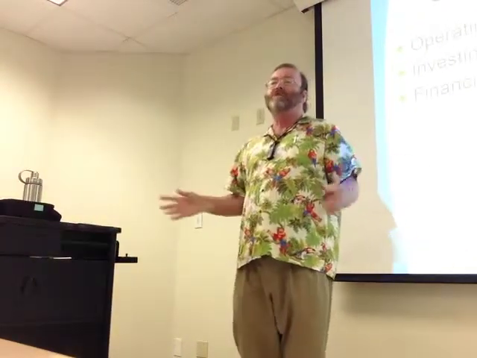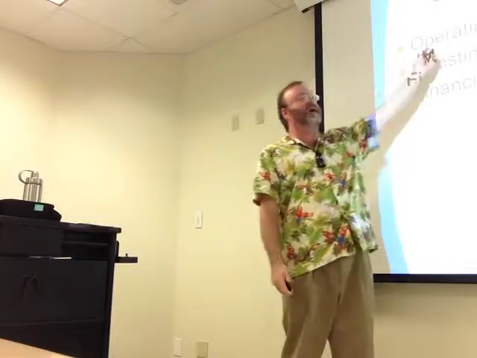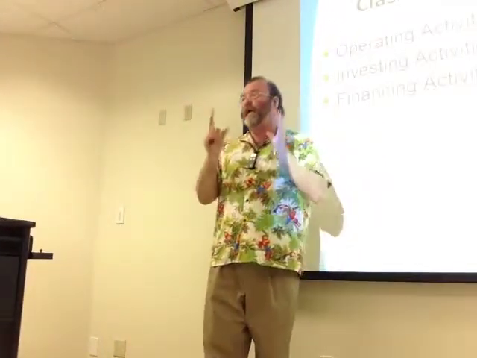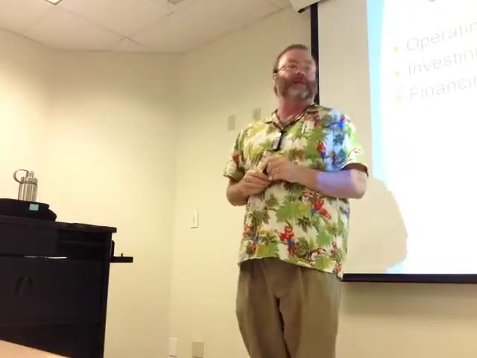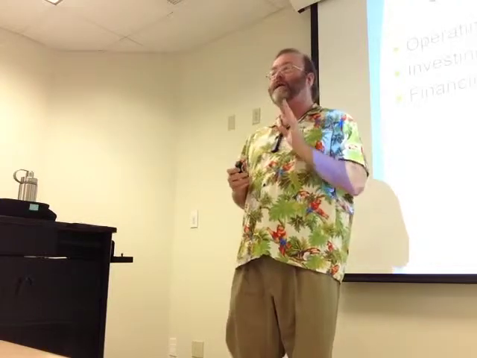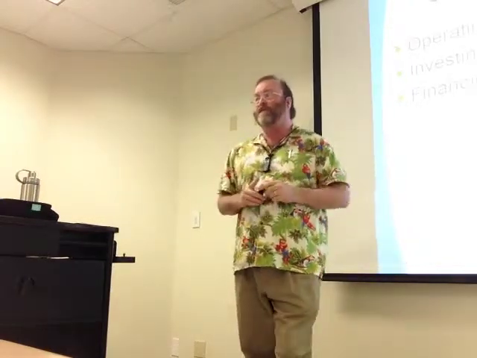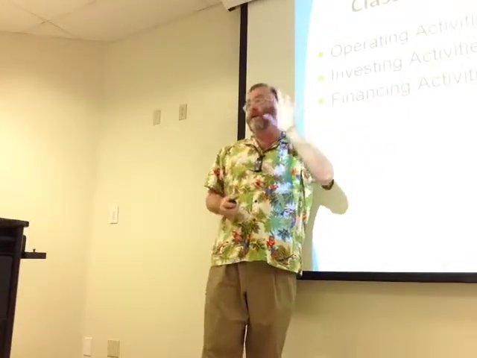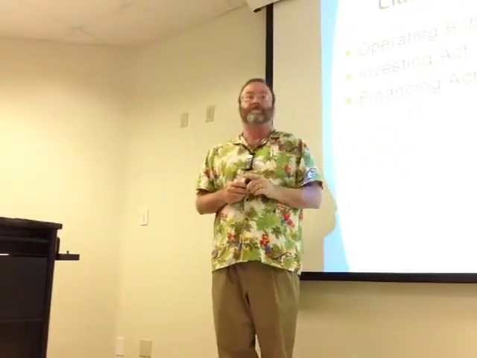The only difference between the two is this first section, operating activities, how you calculate cash used or provided from operating activities. That's the only difference between the two methods. The investing activities and the financing activities are the same under both approaches. All right?